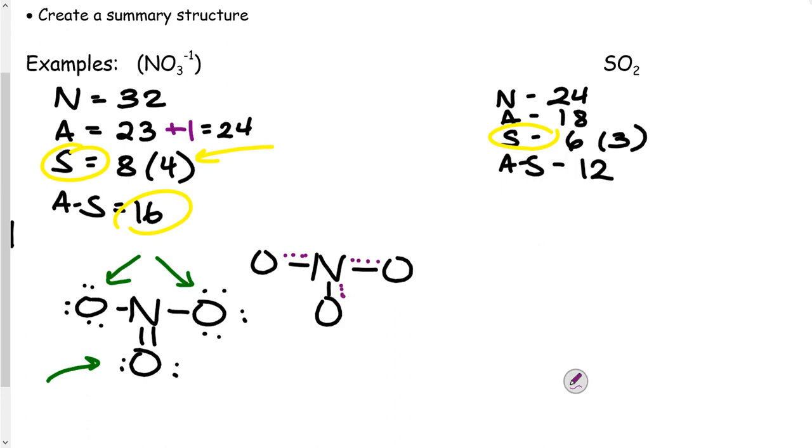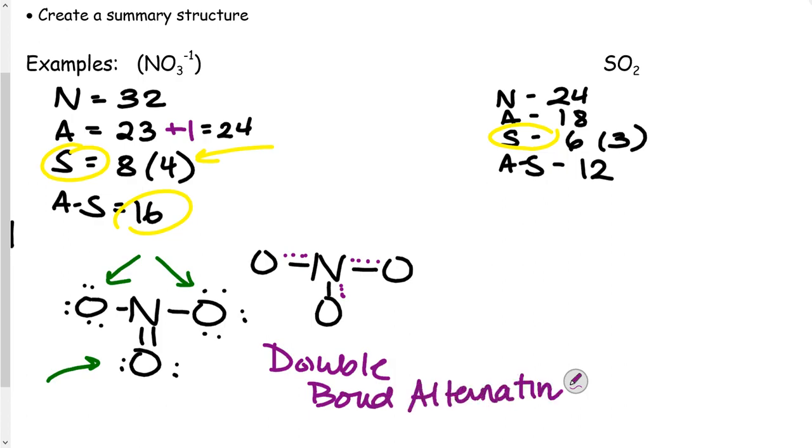Because you're showing the double bond as alternating, we are not 100% sure of where any of the lone electrons are. So we just leave the lone electrons alone. We don't put any around them. And we call this the summary structure.